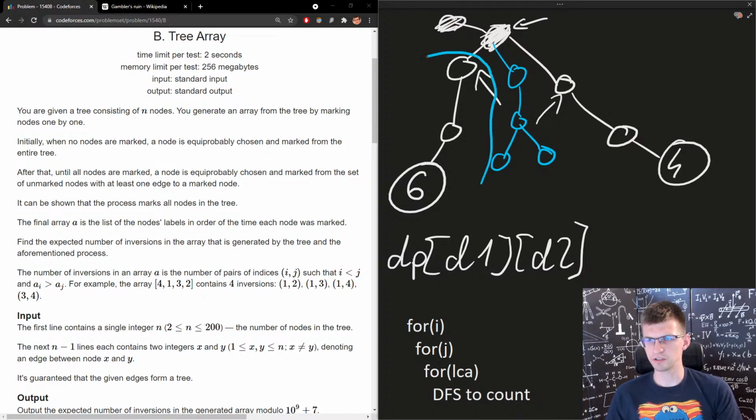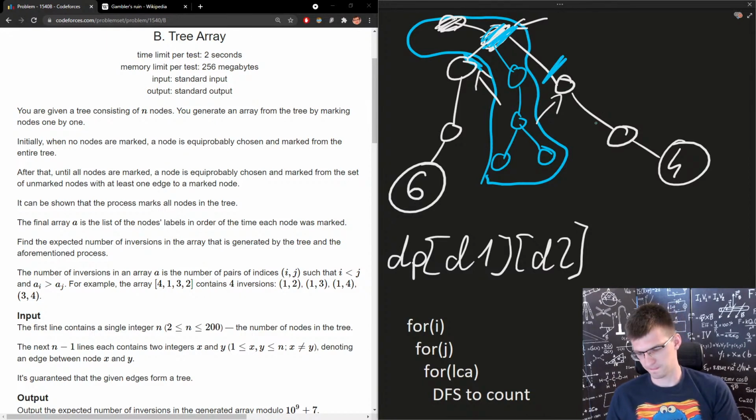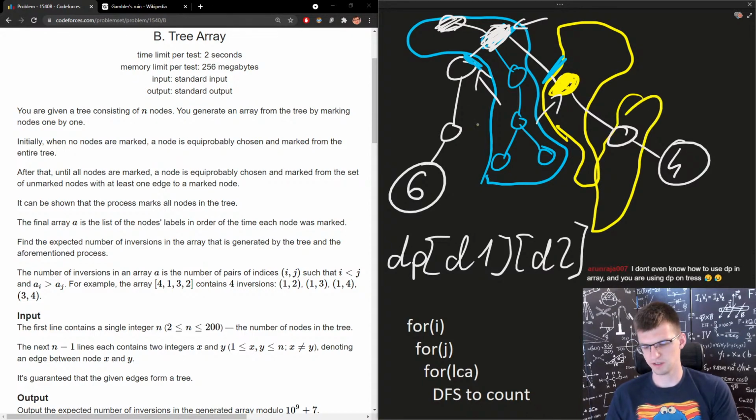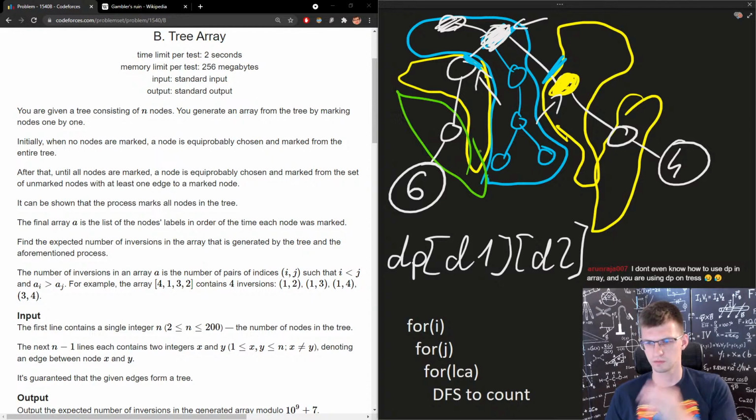But to count all this blue, you can run DFS starting from this node and not going there. Then when you consider this guy, we'll do a separate DFS that counts all the nodes here, and the sum of complexities of those DFSs will be linear, because no node will be visited twice. So even though it looks like n times n, this is O of n total.